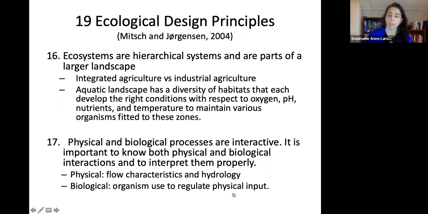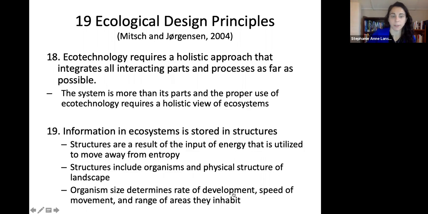Physical and biological processes are interactive, so it's important to know both the physical and biological interactions to interpret them properly, the flow, the hydrology, the organisms. And finally, ecotechnology requires a holistic approach that integrates all the interacting parts and processes as far as possible. So the system's more than its parts, so we need to take a holistic view.